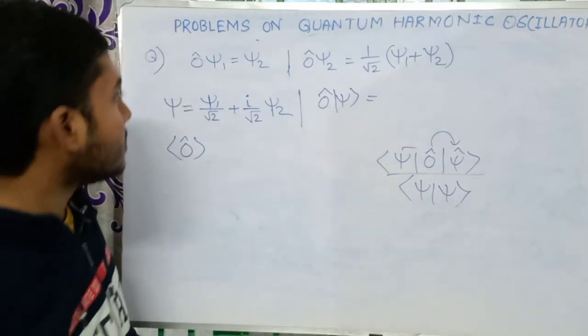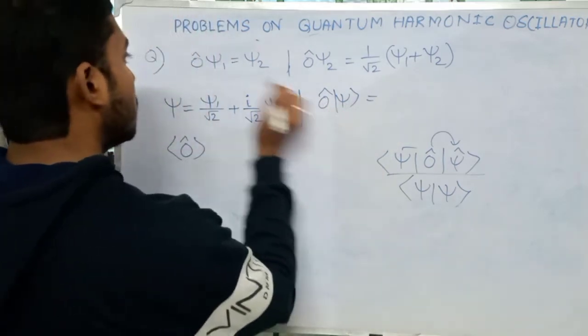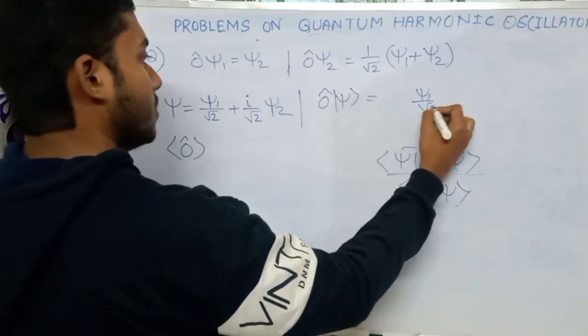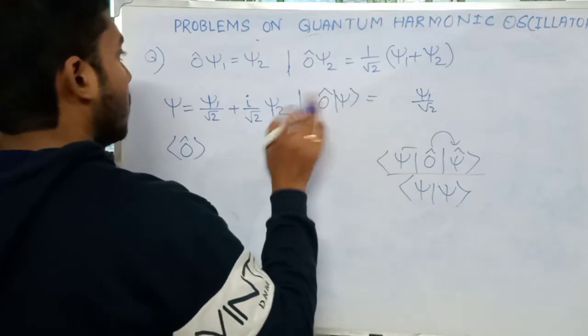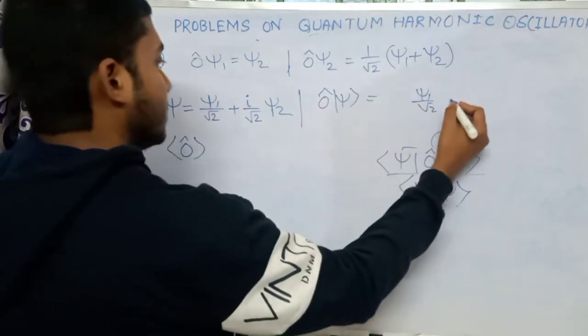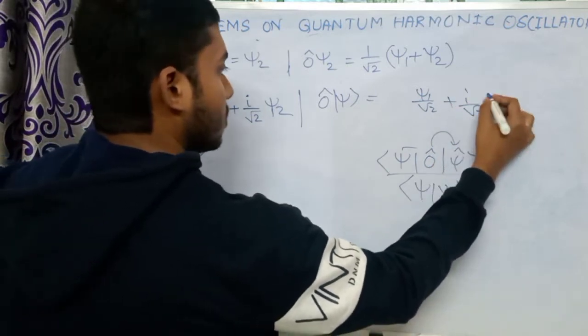Now, we have been given these things, so I am writing this root 2. Okay, now you can understand that, I am writing all the things, i by root 2 psi 2.